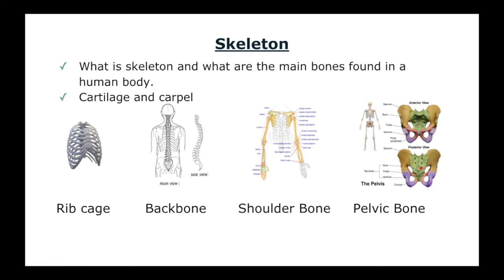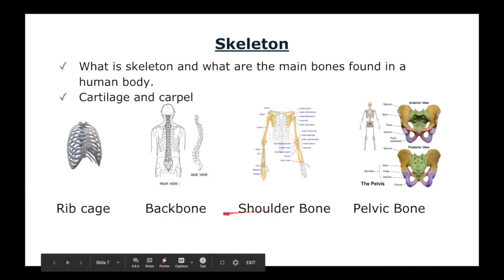The thigh bone is also connected here on either side. So it facilitates the movement of the leg, and also protects the genital organs as well as the kidneys. Now you have a clear idea on the rib cage, backbone, shoulder bone and pelvic bone, where they are located, and what their main functions are.